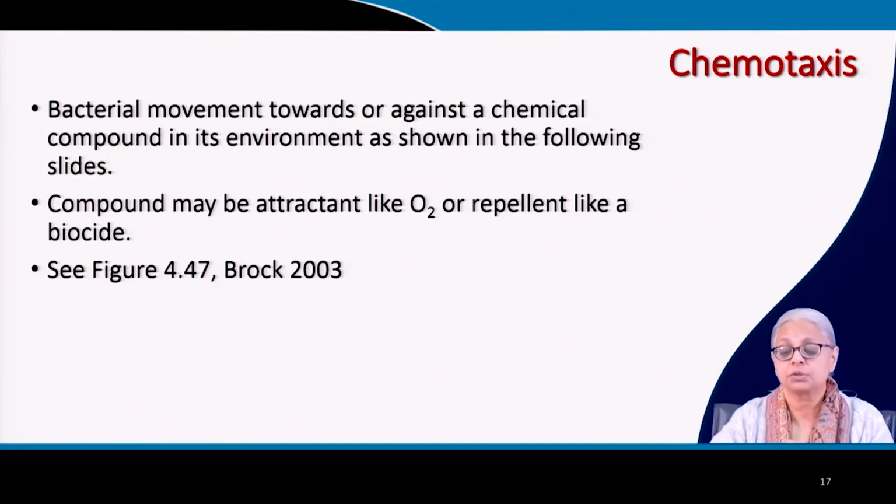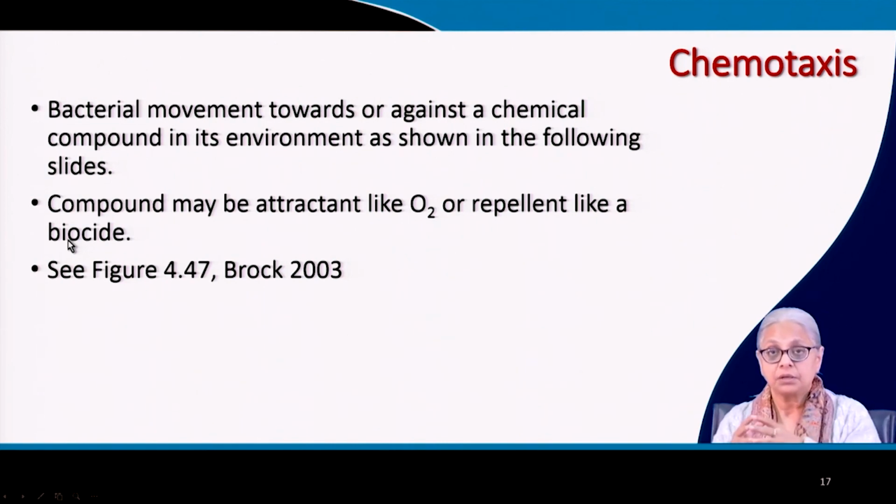Then there are examples of the movement of bacteria. Now you can have chemotaxis, you can have phototaxis, you can have aerotaxis. Chemo means the bacterial colony will move in response to a chemical concentration gradient. So the attractant may be oxygen or the repellent may be a biocide.